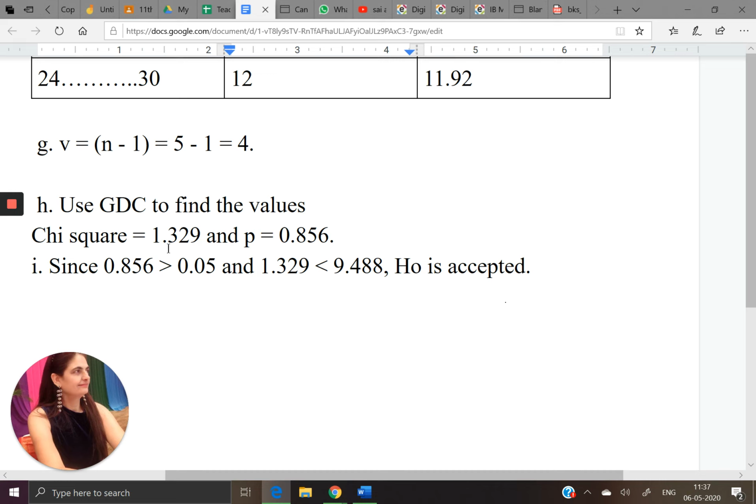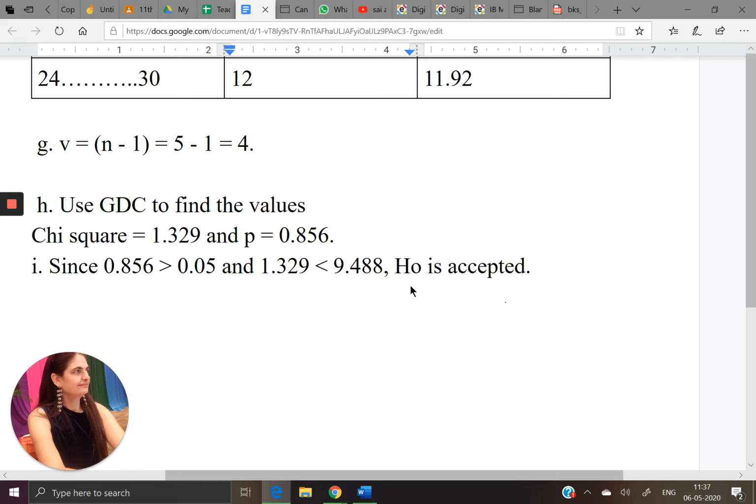And chi-square value, I have got it as 1.329, which is less than the 9.488 critical value which they have given. So in such a case, we know that when chi-square value is less than critical value and when the probability is greater than the significance level, in these two cases, we have to accept the null hypothesis.